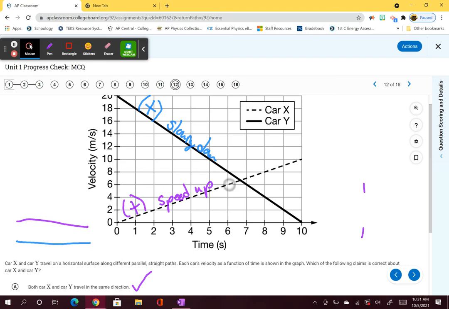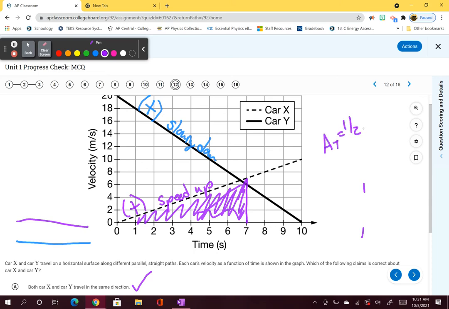So we'll look at 7. So the area of that one, so that's a triangle, should be 1/2 base times height. Base is 7, height is 7.